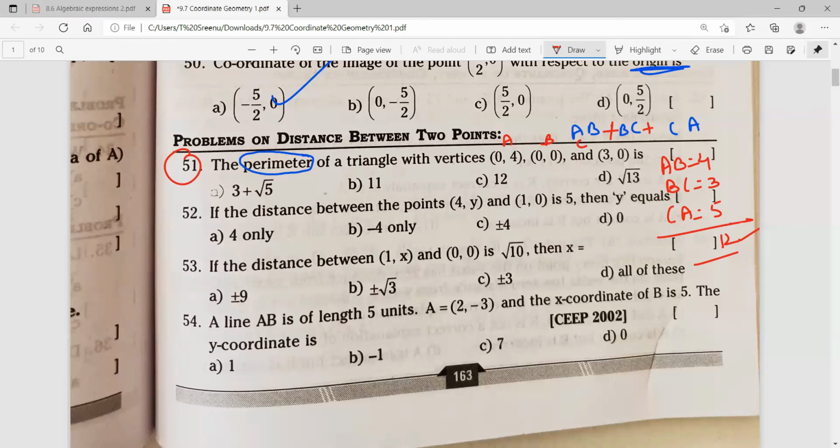I will do 52 on the board. First we shall find the distance between these 2 points and equate it to 5. We will get the answer. I will do it on the board.